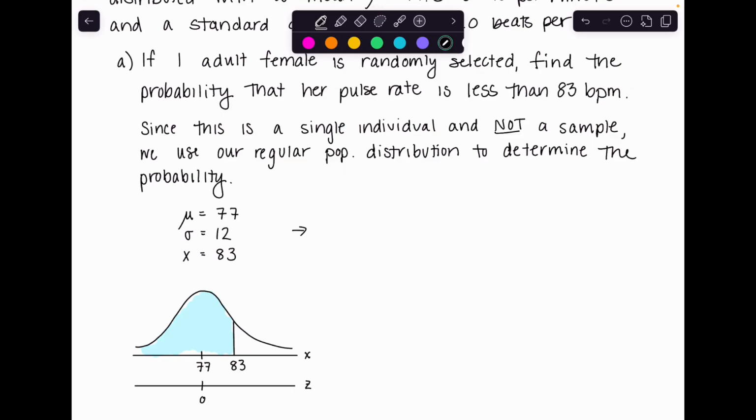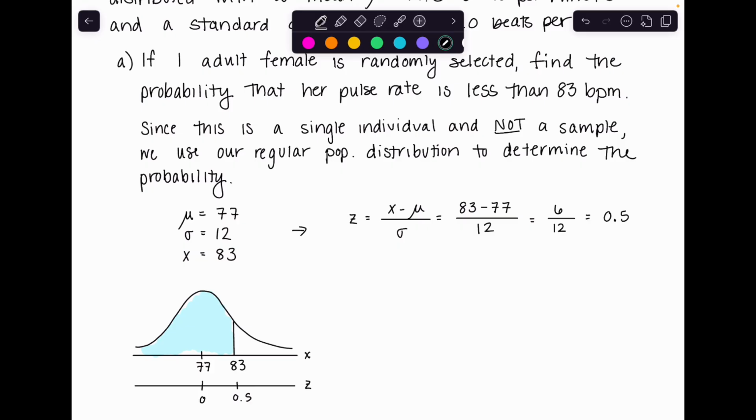And if I find my z-score corresponding to this, it's going to be X minus the mean over sigma. So it's 83 minus the mean of 77 divided by 12, which gives me 6 over 12. So this value is 0.5 away from the mean, 0.5 standard deviations away from the mean.